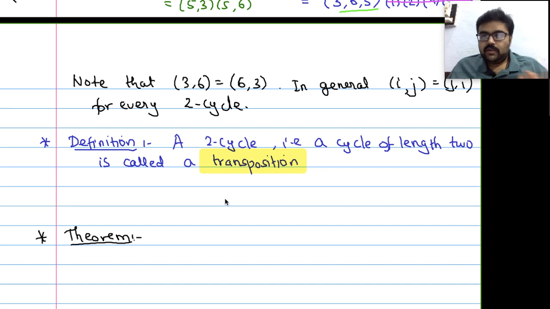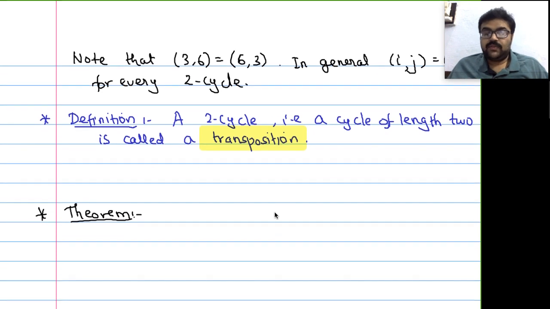It changes the position i to j and j to i. No other cycles have a special word. Cycles of length 2 are called transpositions.